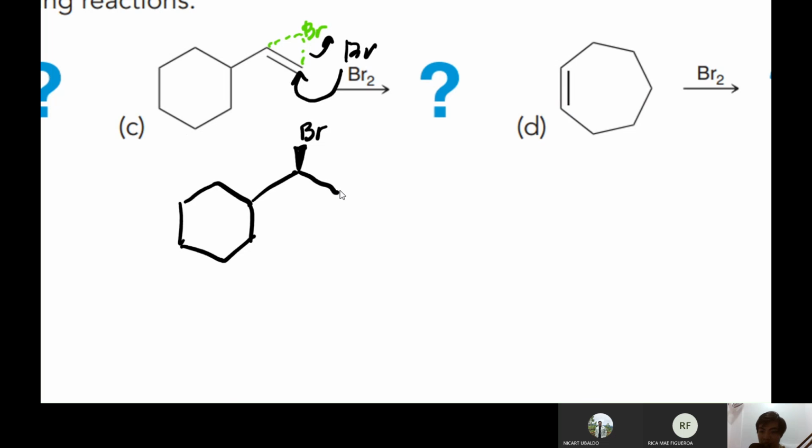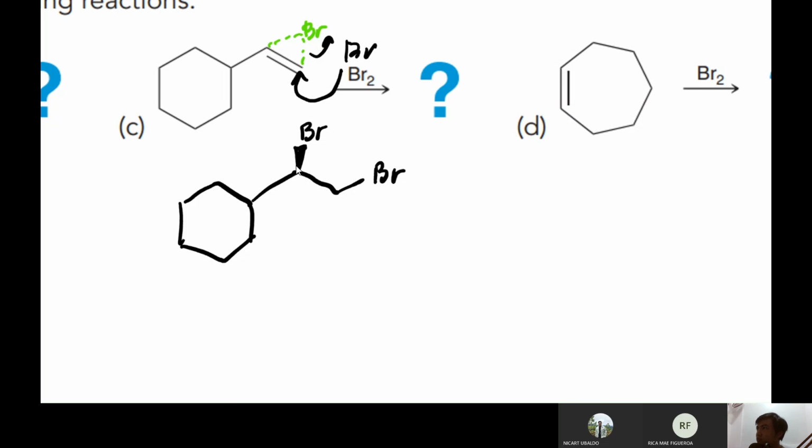Is this carbon a stereo center? No. Bakit hindi? Kasi magkakaroon dito ng dalawang hydrogen, no? Since may dalawang hydrogen dyan, hindi yan stereo center. Straight line lang yan.